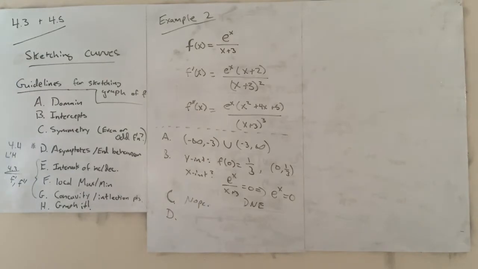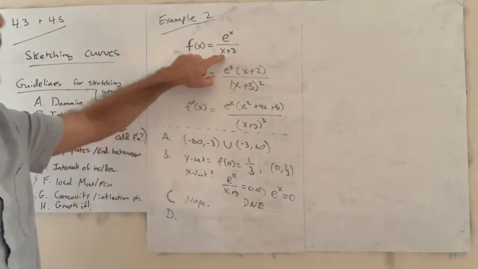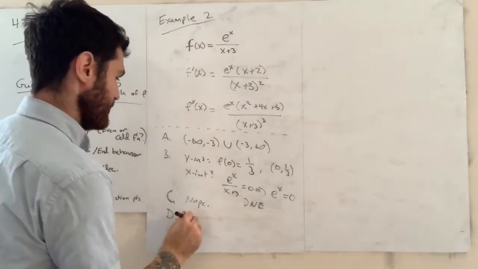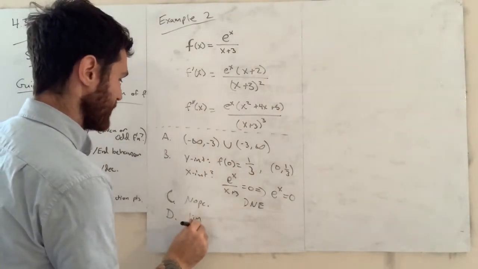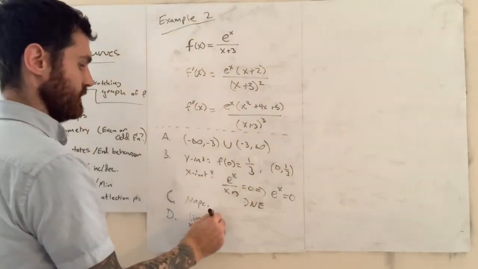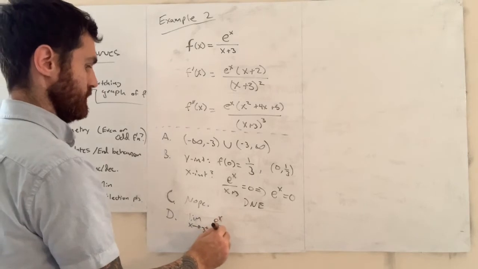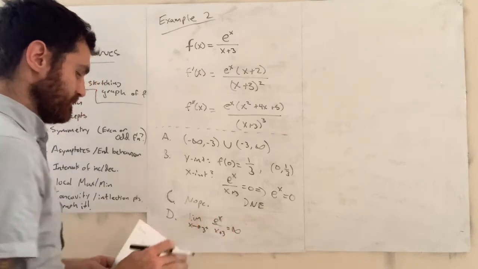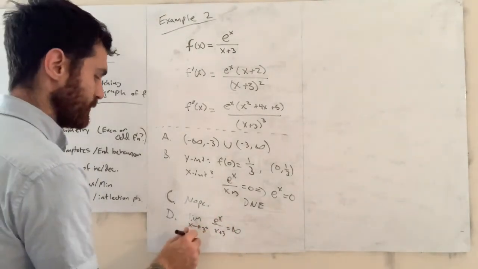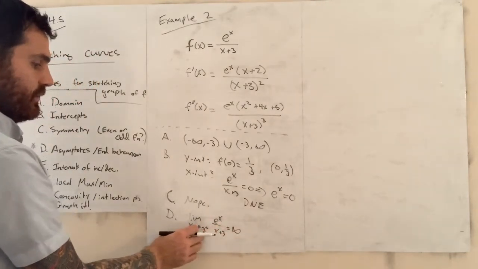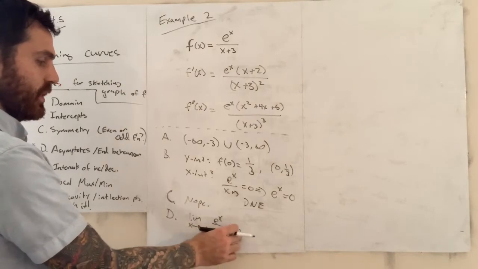D, asymptotes and end behavior. Well, it turns out we're going to have an asymptote here, because you can see that if I take the limit as x approaches negative 3 from the right, you're going to get that this is positive infinity.